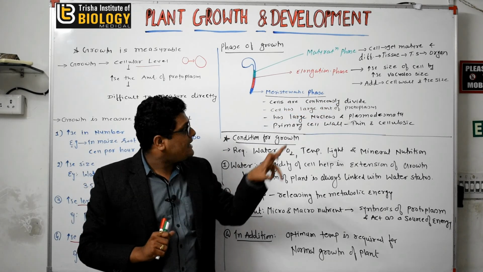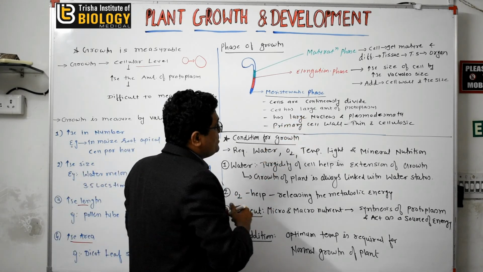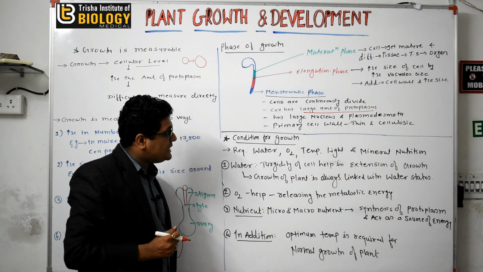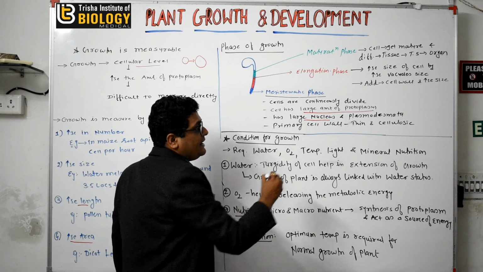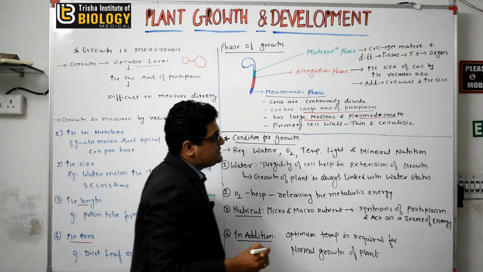What are the characteristics of meristematic cells? First, meristematic cells have a large amount of protoplasm. Second, they possess a large nucleus, and the cells are connected with the help of plasmodesmata.